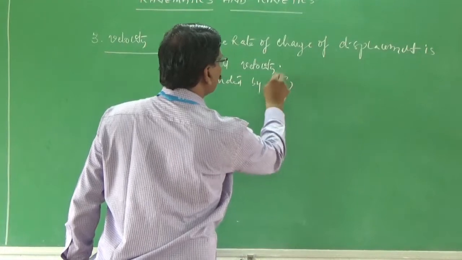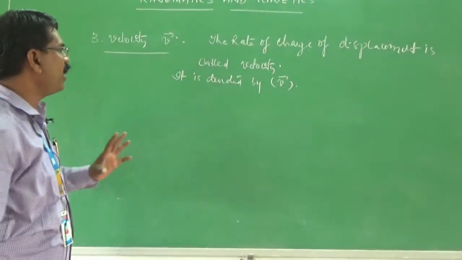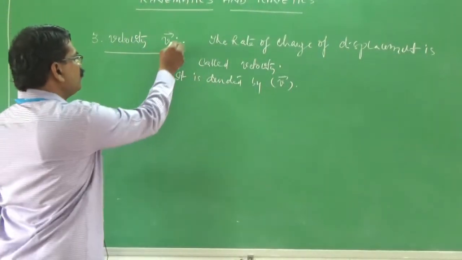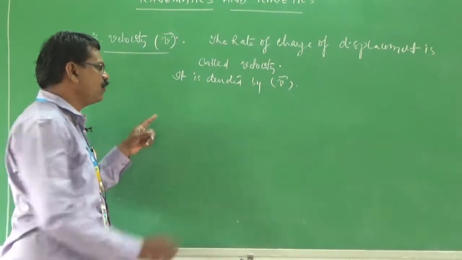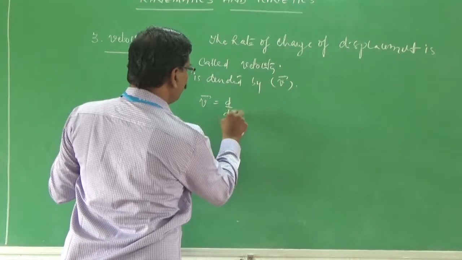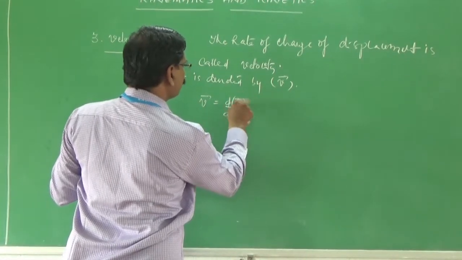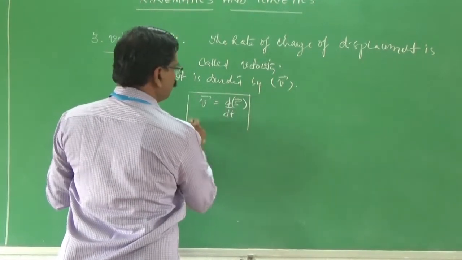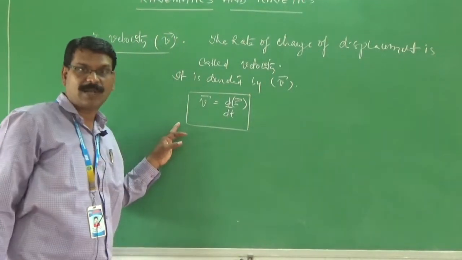Now, I would like to explain this velocity in mathematical representation. V bar is equal to d by dt of S bar. So, this was the mathematical form for explaining a parameter like velocity.